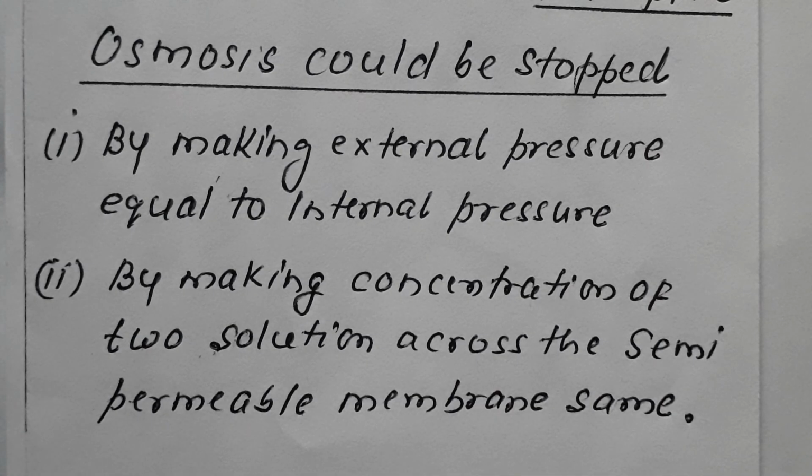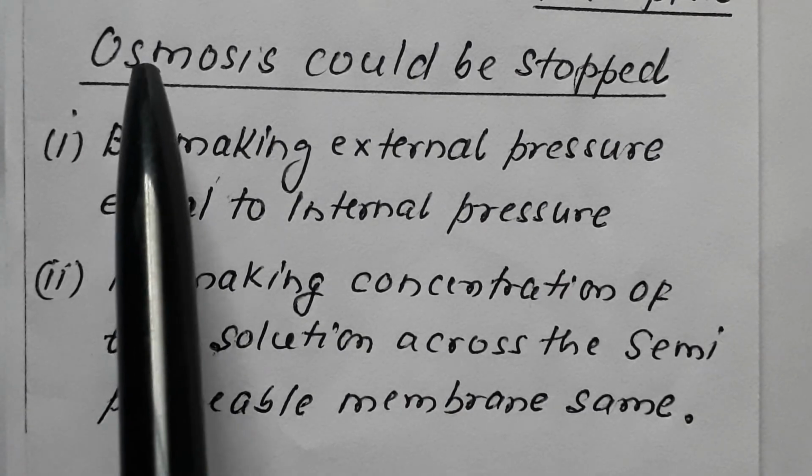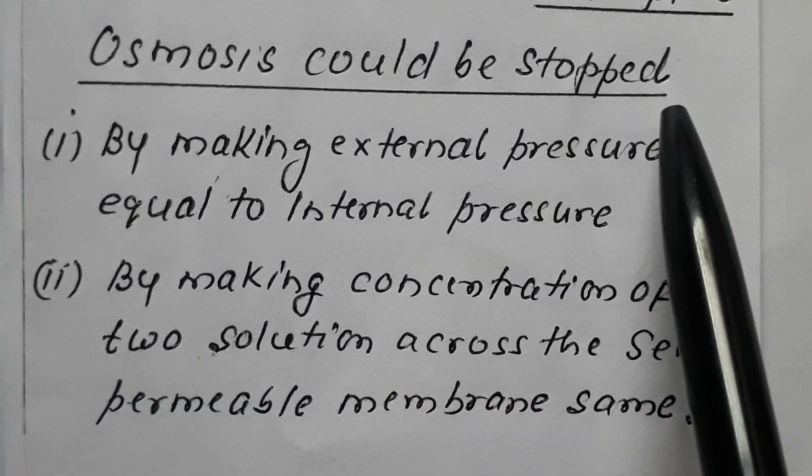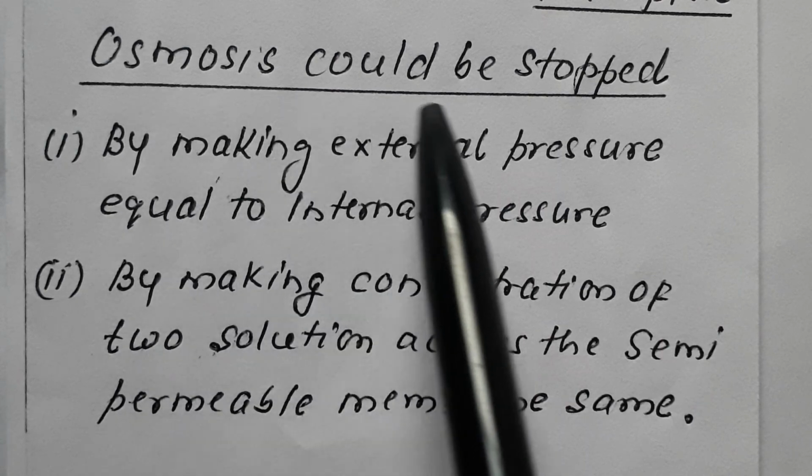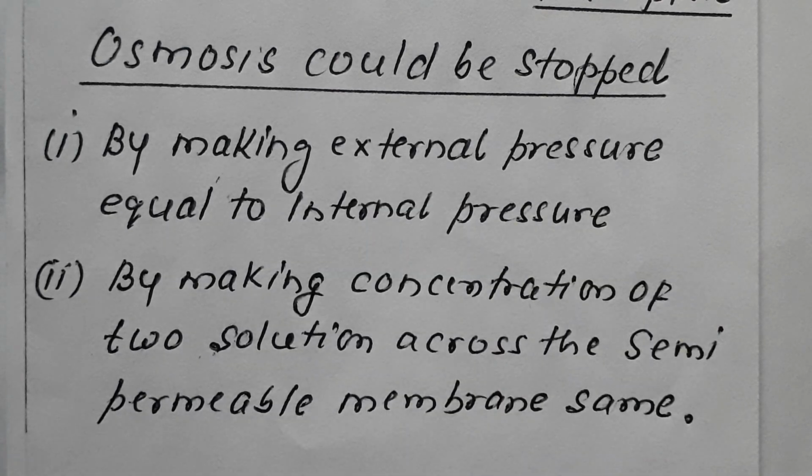A very important feature, again very important for the examination: can we stop osmosis? What is osmosis? So many times we have said that it is the specific movement of solvent particles from dilute to concentrated solution across the semi-permeable membrane.